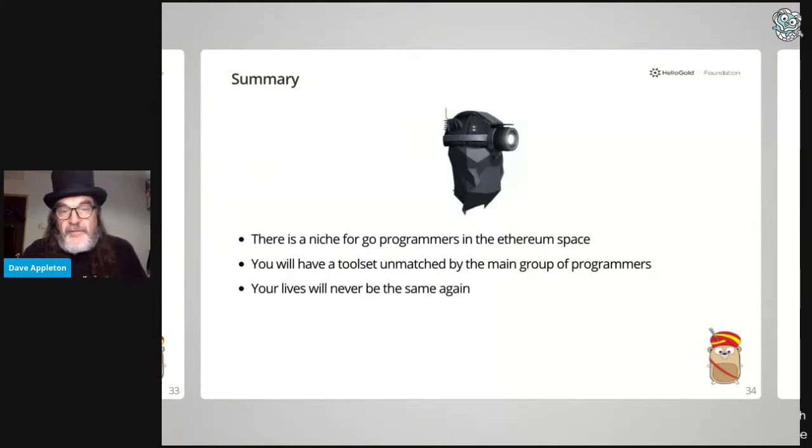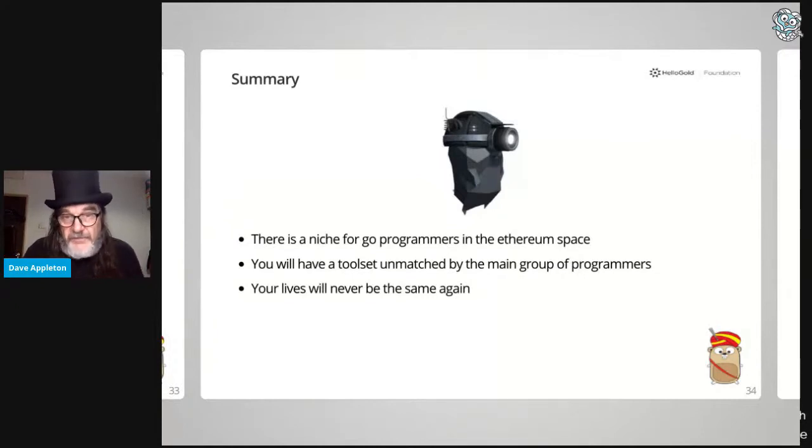As a Go programmer, you will have a tool set that will put you in a slightly different place from the other programmers. There are a lot of people jumping into writing smart contracts. When I started writing smart contracts in 2015, 2016, there weren't very many of us, and that was a good opportunity. But pretty soon, obviously, where there's a good opportunity, a lot of people follow.